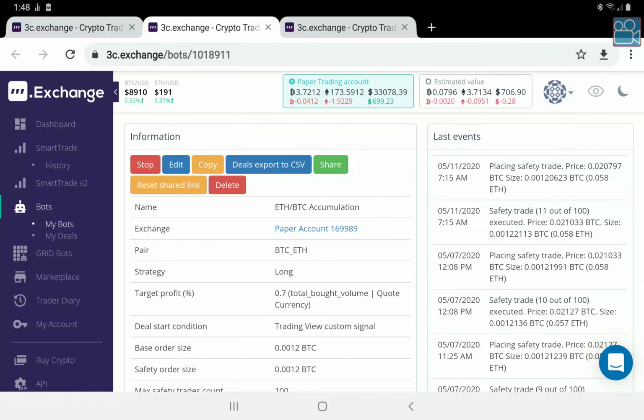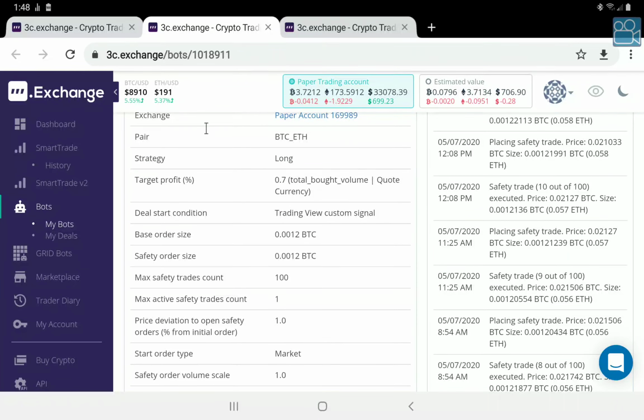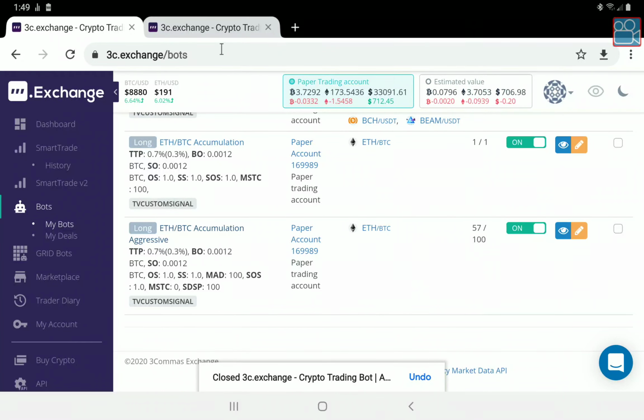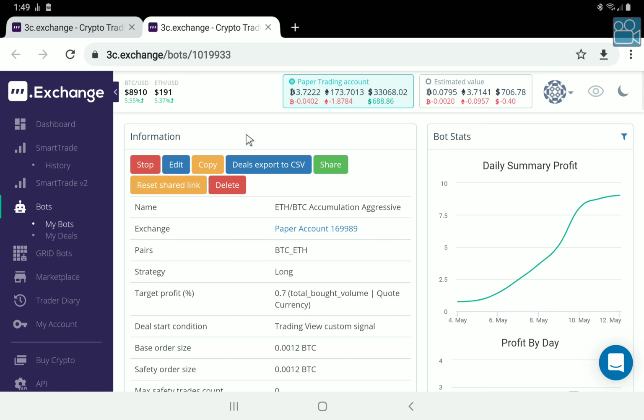Now, let's go look at its counterpart. Where this one has 100 safety orders, this one has no safety orders, none. Instead, it places 100 different trades.